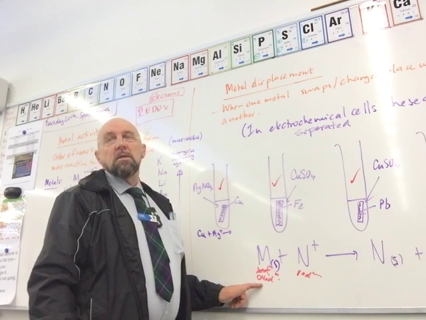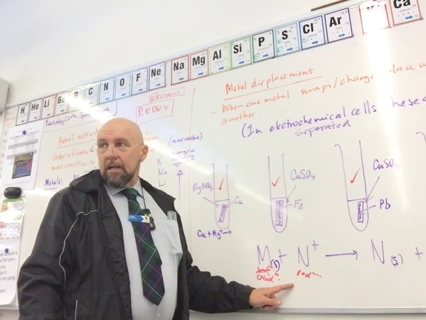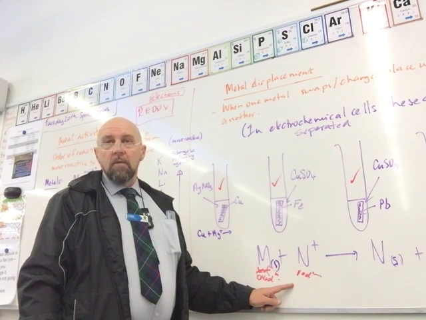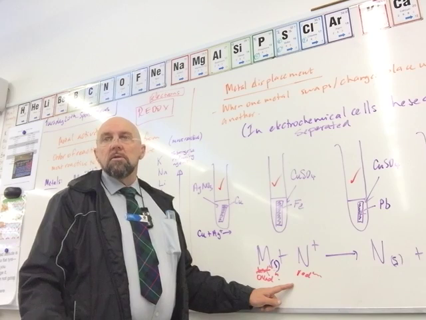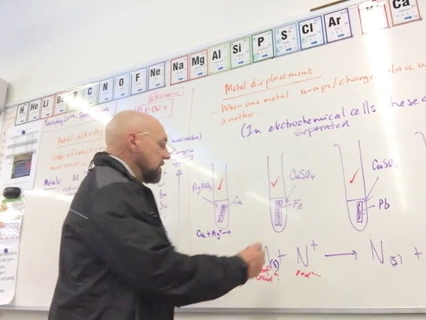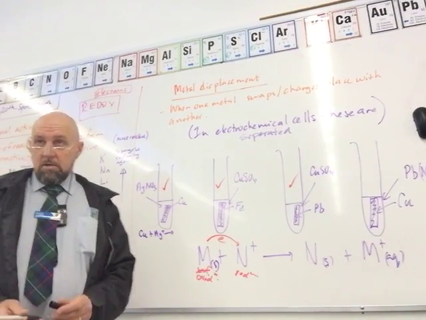Oxidation is loss. Reduction is gain. So where are the electrons going from and to? From M to N, yeah. So the electrons in the solution are actually moving in that direction.